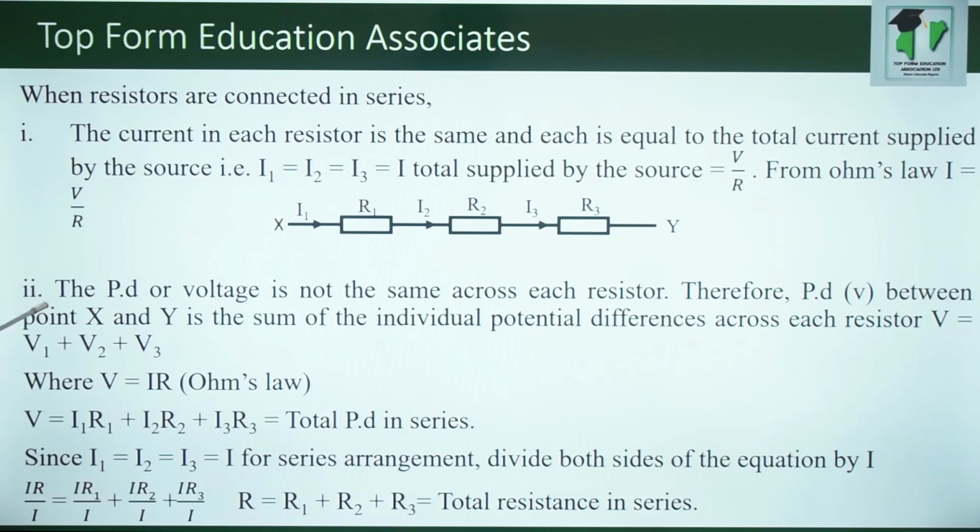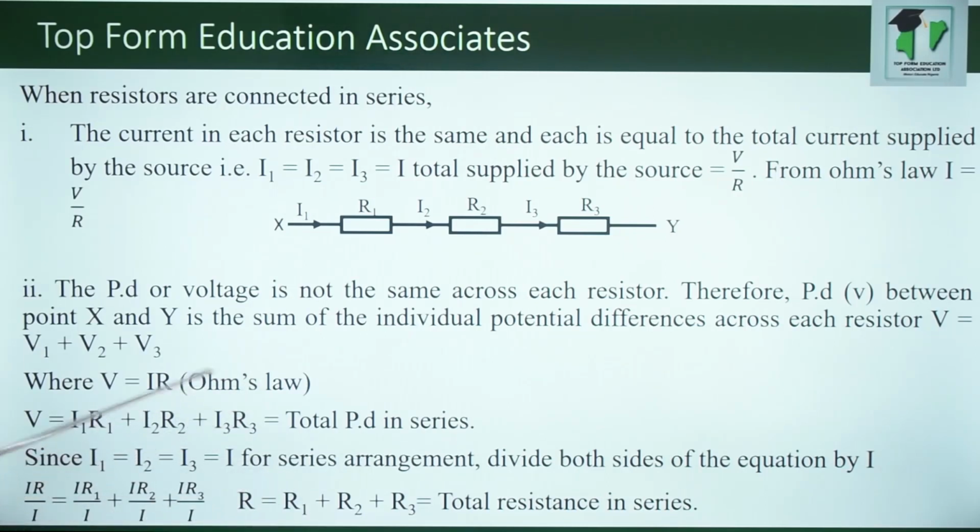Now also you note that the PD or the voltage is not the same across each resistor. Therefore, the PD between point X and Y is the sum of the individual potential differences across each resistor. So V total will give you V1 plus V2 plus V3. The voltage in each of the resistors here is not the same.